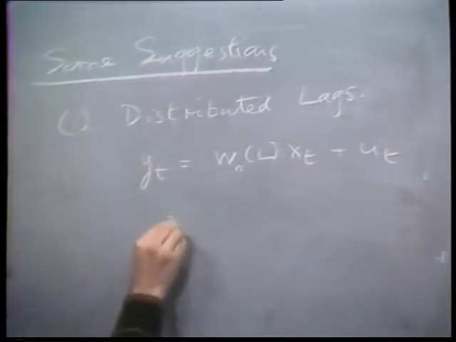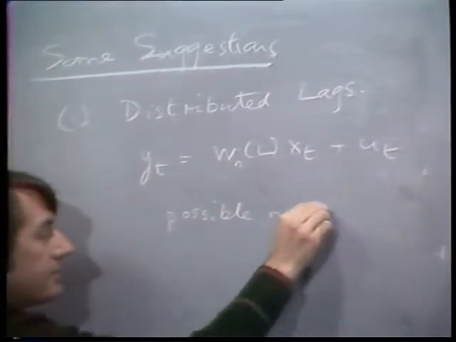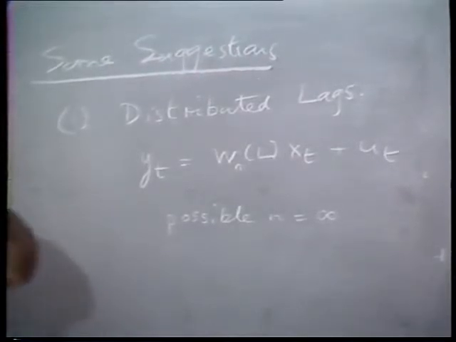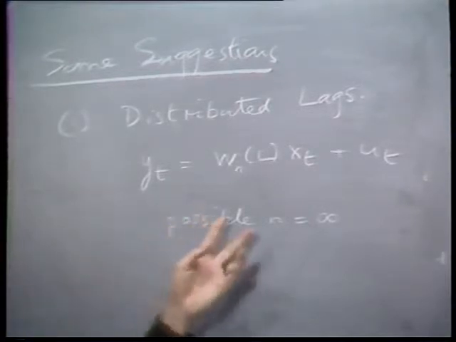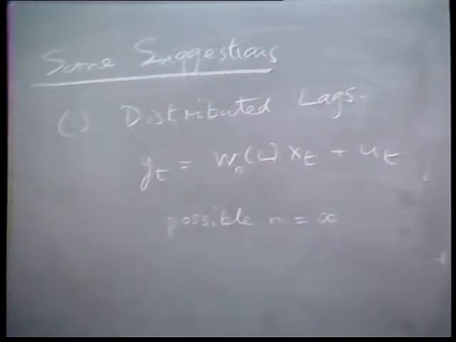It's possible that n is infinity. And much of the literature in econometrics concerned with distributed lags has been concerned with finite parameterizations or finite parameter representations of this possibly infinite distributed lag.